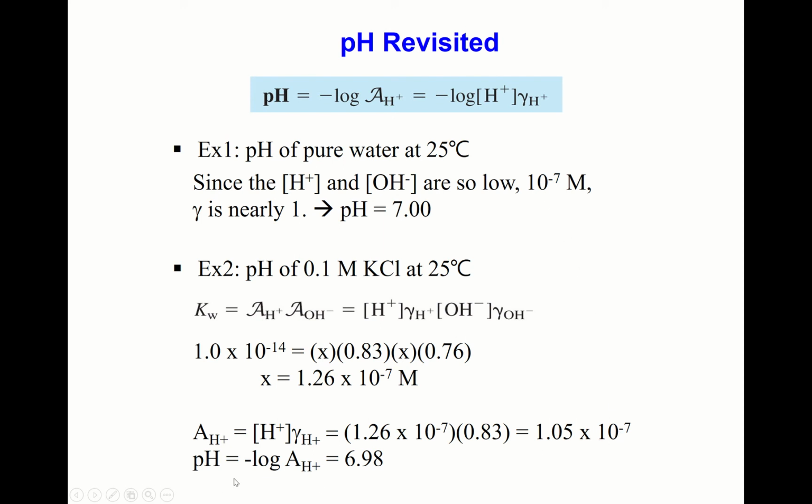Then pH is calculated to be 6.98. The difference is only 0.02. So regardless of using the activity coefficient or not, the pH doesn't change much. But this calculation shows how activity affects pH in this case.